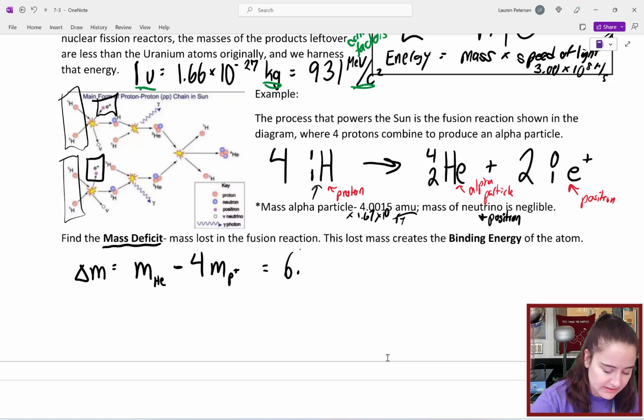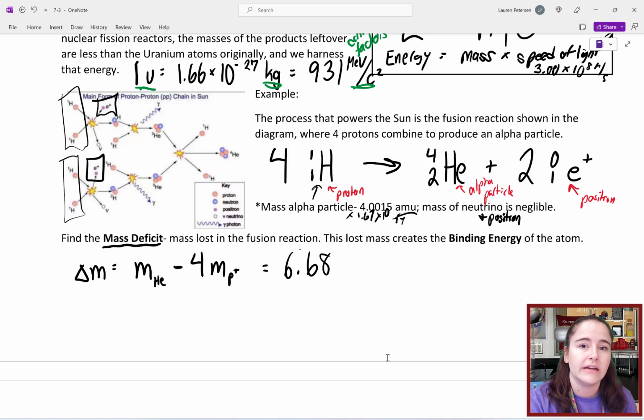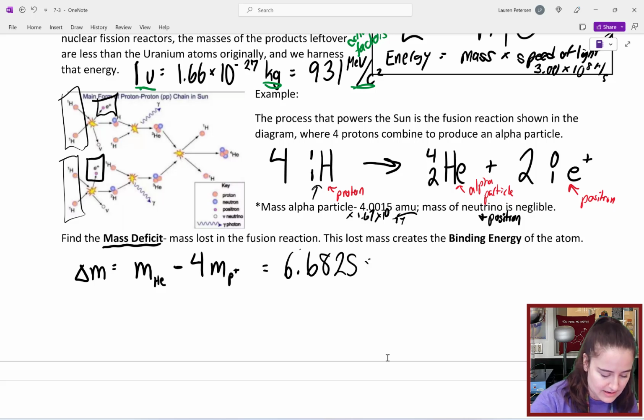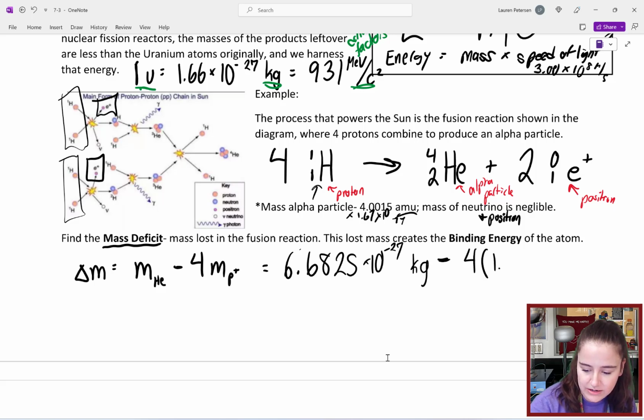We had 5 sig figs there, so I'm going to keep that precision level. The precision level is going to be really important in these types of problems. You're going to need more decimals than you expect because the lost mass is so small compared to the actual masses. So 6.6825 times 10 to the negative 27 kilograms minus 4 times the mass of 1 proton, 1.67 times 10 to the negative 27.